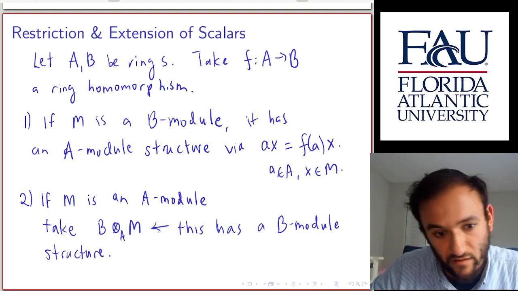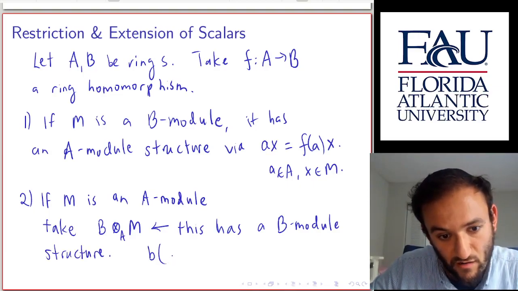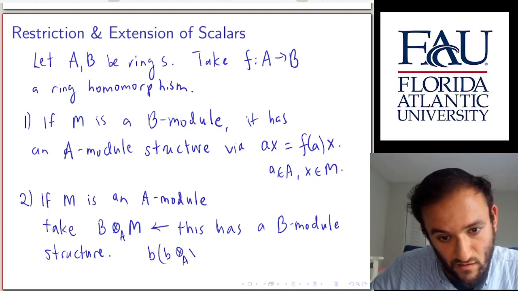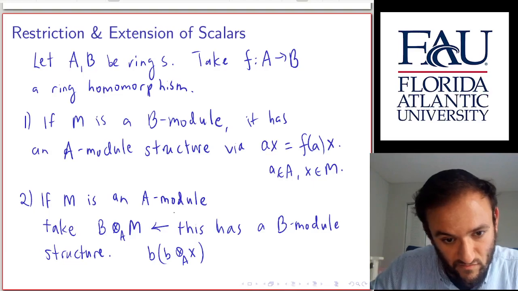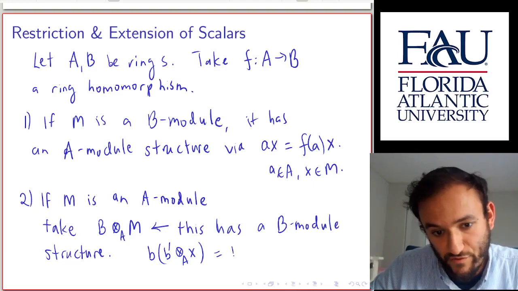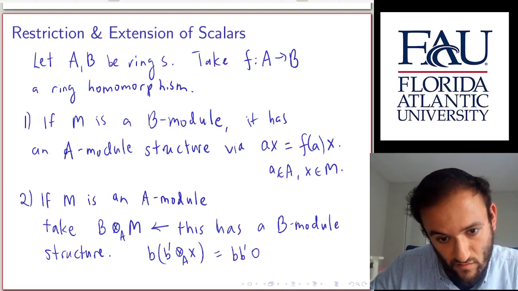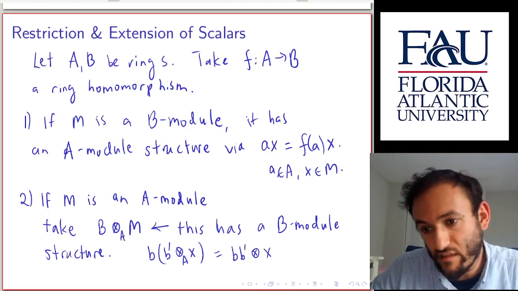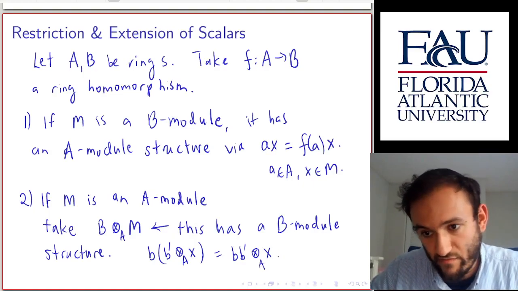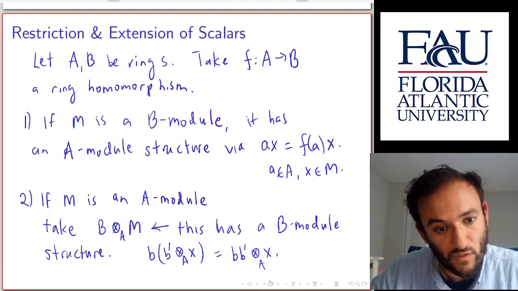Because if you multiply any element of B here, so b tensor over A with x, let's give it a b prime here, you can just multiply in the first coordinate. But we still have the ability to scale the second coordinate by elements of the ring A. Okay?